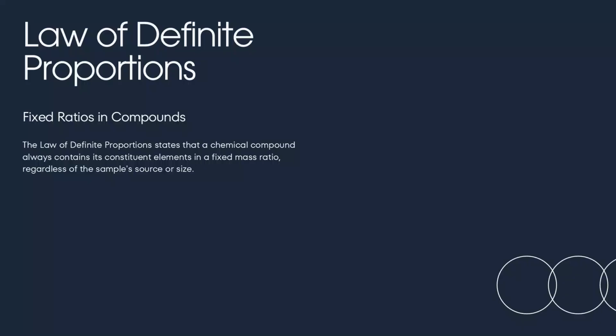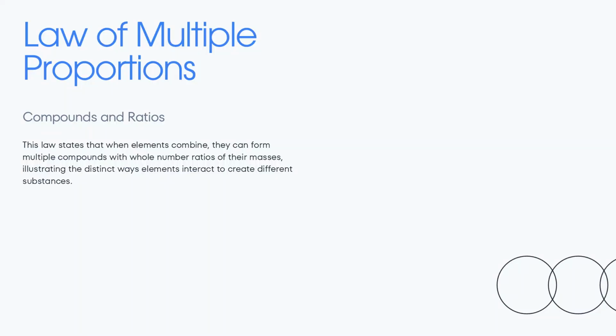The law of definite proportions tells us that a compound always contains elements in the same ratio by mass. For example, water is always H2O. It doesn't matter whether it is liquid, vapor, or ice. It is always H2O.